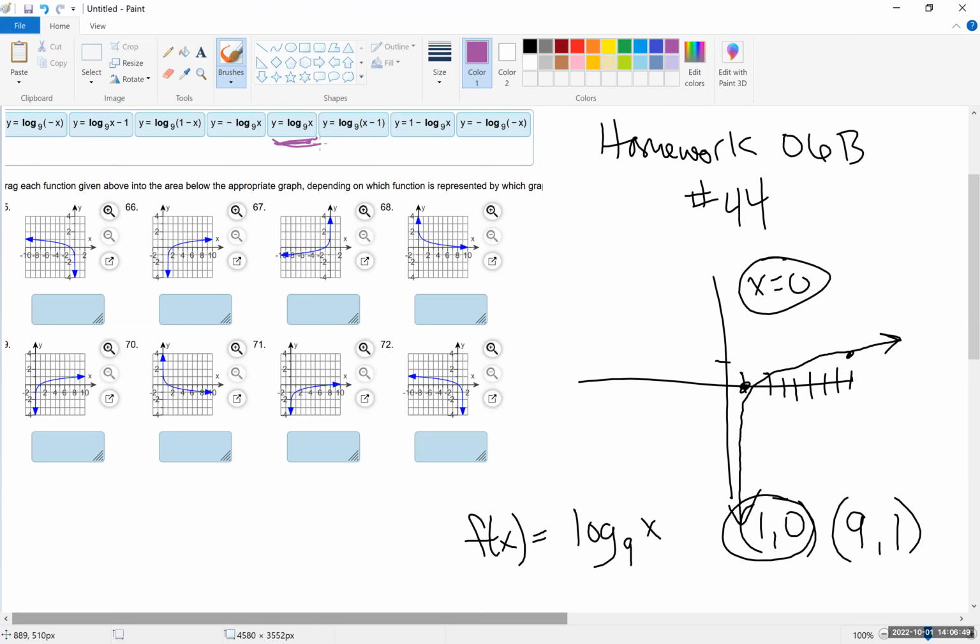If I had to guess, this would be y equals log base 9 of x. It goes through the point 1, 0, and you can hit the pop out and make it much bigger. Up here, it looks like it goes through the point 1, 9. So this one is the one without any transformations.